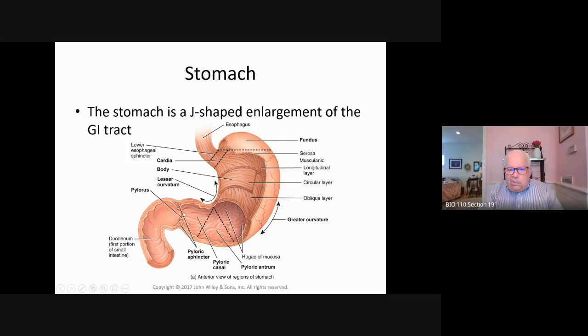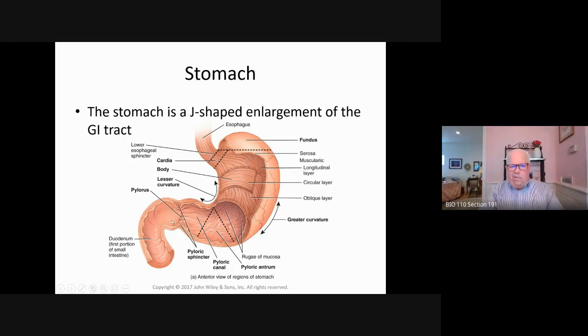There is a control mechanism to let food out of the stomach. It is a muscle. That muscle is called the pyloric sphincter. The pyloric sphincter controls the amount of food coming out of the stomach into the small intestine, okay?